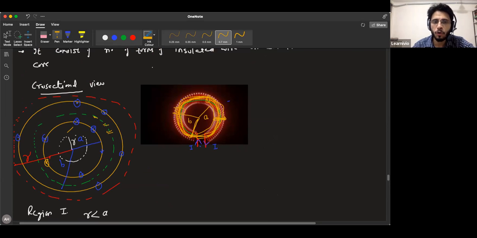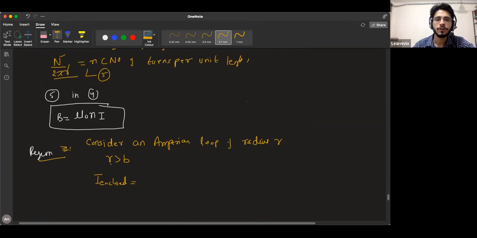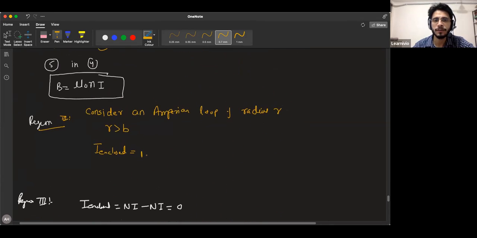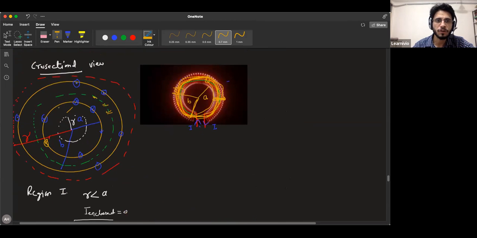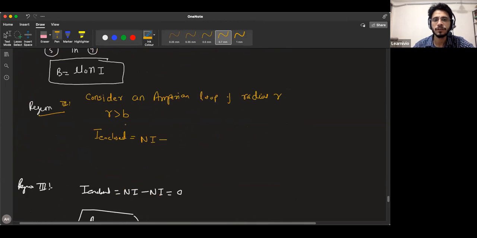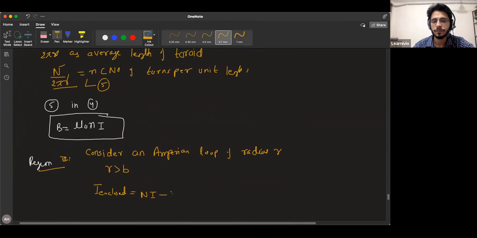If I take outward current as positive, then I enclosed is Ni, minus, like this cross, again N turns, but now the current is going inwards. So if I take outward current as positive, I should take inward current as negative. Then this is Ni minus Ni, which is 0. If I enclosed is 0, that means the magnetic field in the third region is 0.